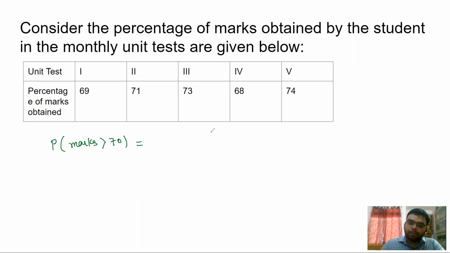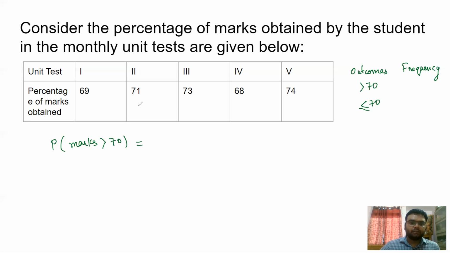So this is an empirical probability kind of question, and that would be obtained by creating a table. The possible outcomes are when the marks are greater than 70 and when the marks are not greater than 70, so less than or equal to 70. And the number of times it has happened is the frequency.